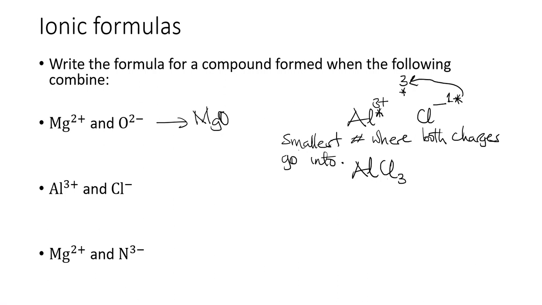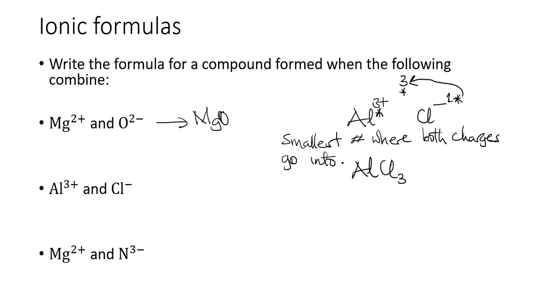So first, I find a single number where both numbers can go into, where 3 can go into, and where 1 can go into. And we say, how many times does 3 from aluminum go into 3? The answer is 1. So you have 1 aluminum here. How many times does 1 from chlorine go into 3? The answer is 3.